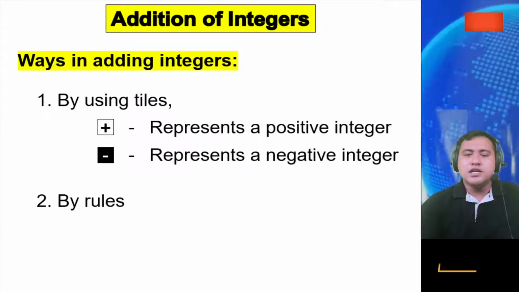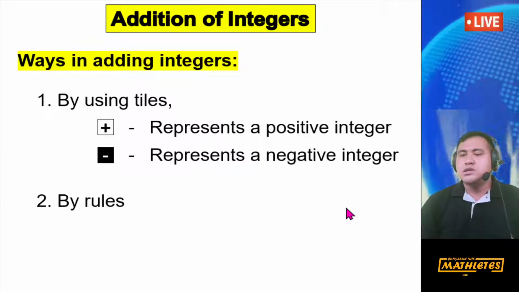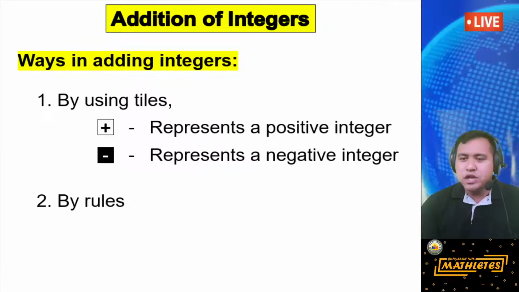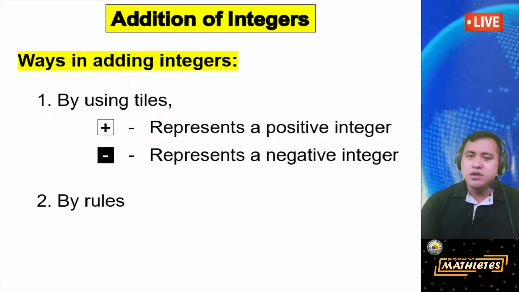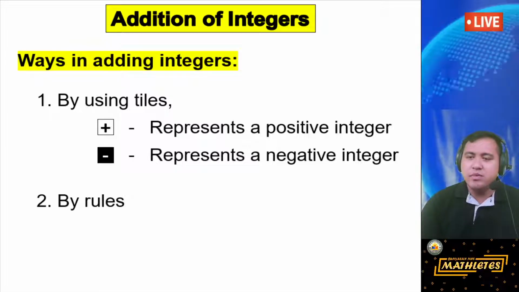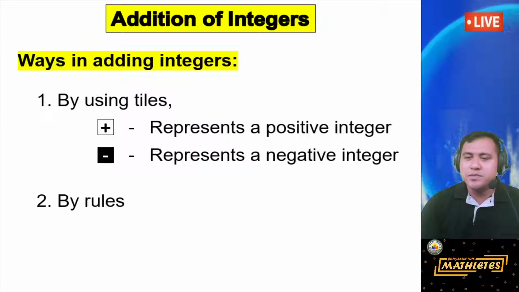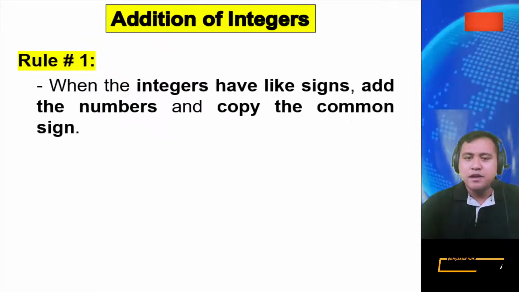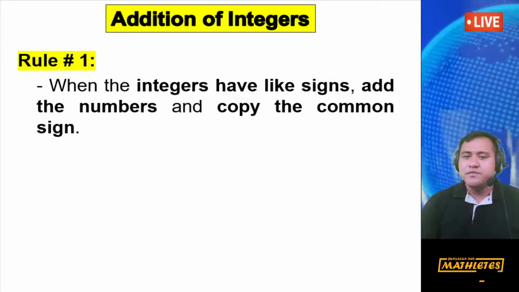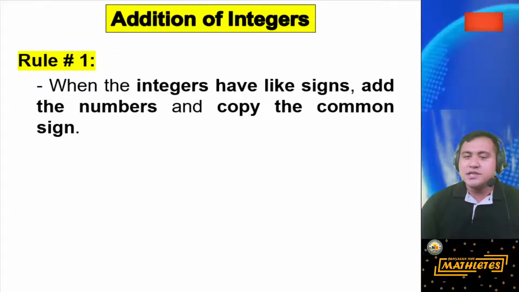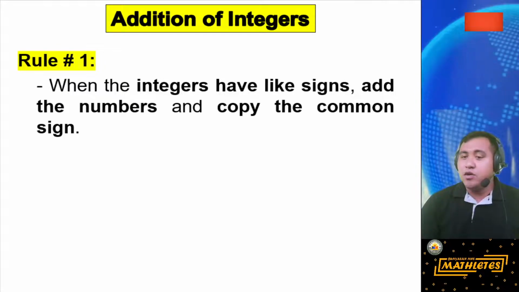Second is by using rules. In our discussion, I'm going to show you the rule, then the example, then we're going to illustrate that example by using tiles, para mas madali. We have in addition of integers rule number 1. When the integers have like signs, add the numbers and copy the common sign.